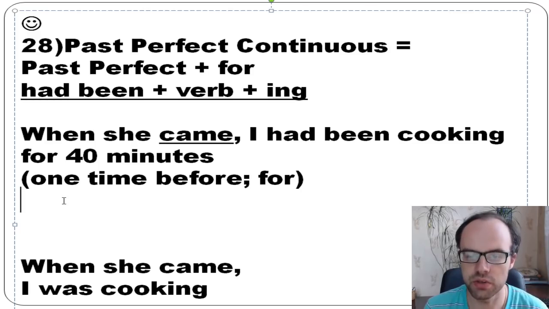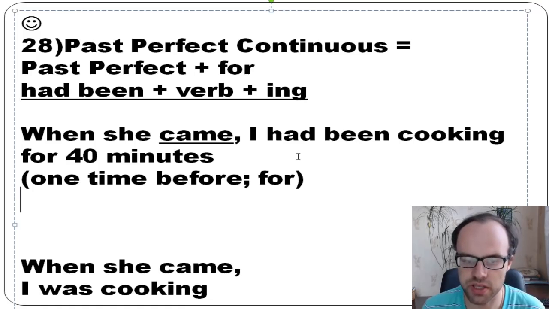Look, it means that I started cooking, and I was doing it maybe for 40 minutes, and then she came. So first I started cooking, and it lasted for 40 minutes.